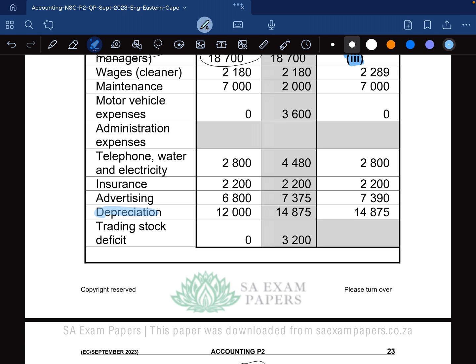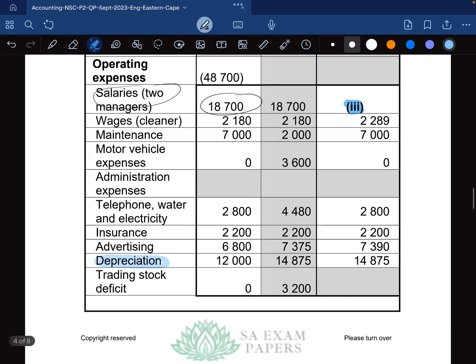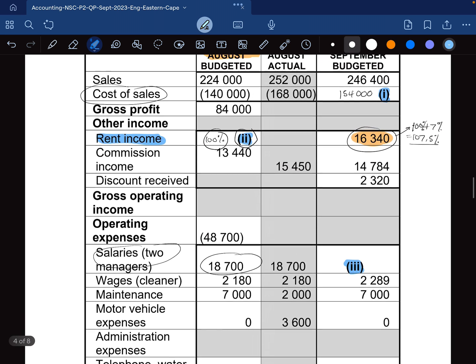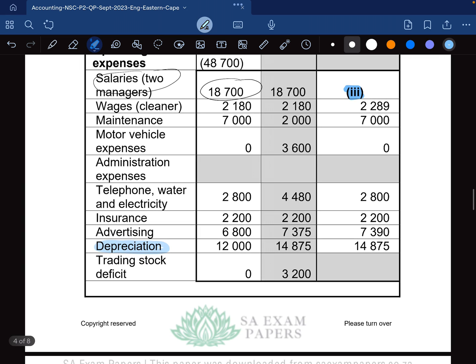We have depreciation, and you can see that for August we had depreciation budgeted at 12,000, but when we look at the actual amount, we had an amount of 14,875. An increase in our depreciation definitely means that we had an increase in the cost price of our vehicles.